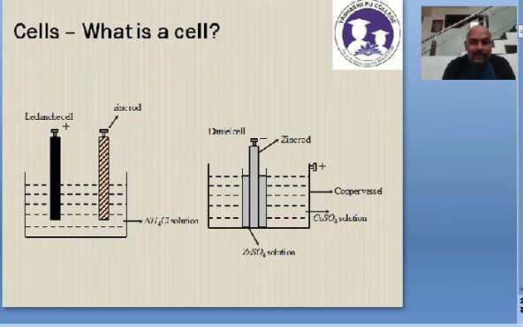The zinc rod is negative. In a Leclanché cell, both the rods are dipped in an ammonium chloride solution. Ammonium chloride solution is an electrolyte. So these two rods dipped in ammonium chloride solution act as a Leclanché cell. Zinc rod is the negative terminal and the other one is the positive terminal, P and N.